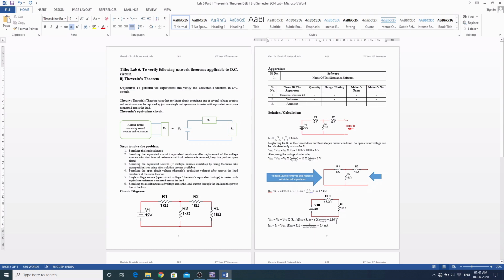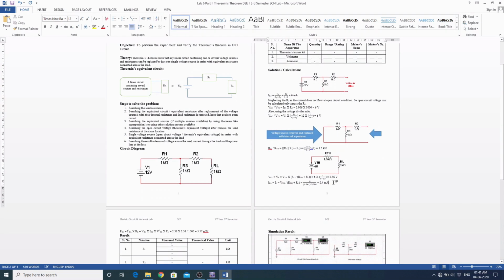This becomes 2.4 volt, and this is the voltage across RL. And IRL, the current through RL, becomes VTH by RTH plus RL, that is 6 by this, and this becomes 2.4 milliampere. The 1000 is multiplied to convert these kilo ohms into ohms.